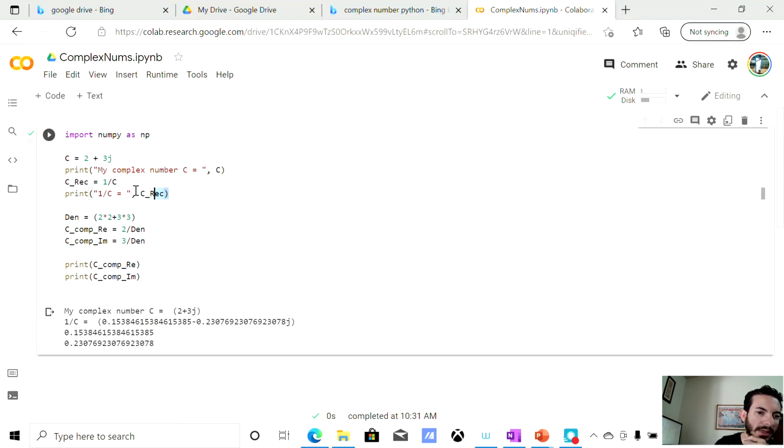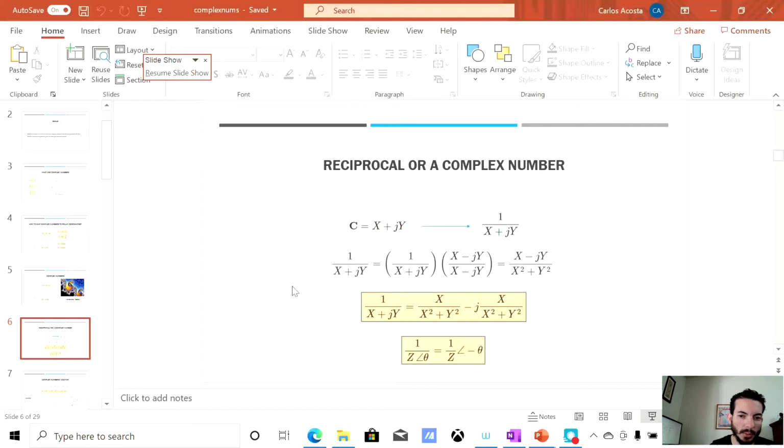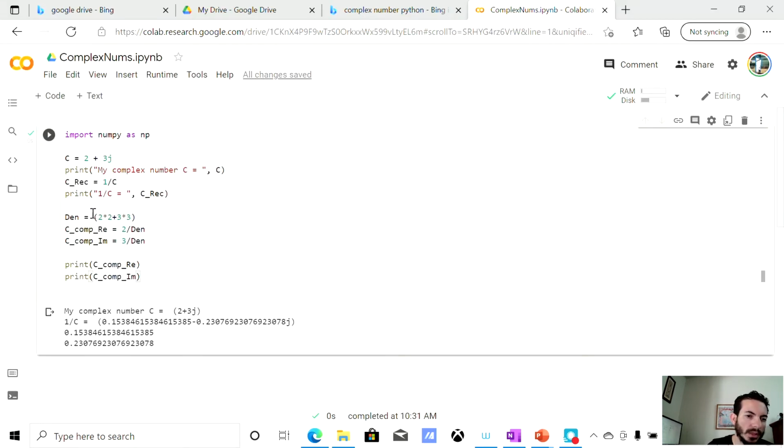So this is to tell you that Python will save you a lot of time and a lot of effort. But just for now, I want to show you how to compute it, just following this formula, 1 over x squared plus y squared.